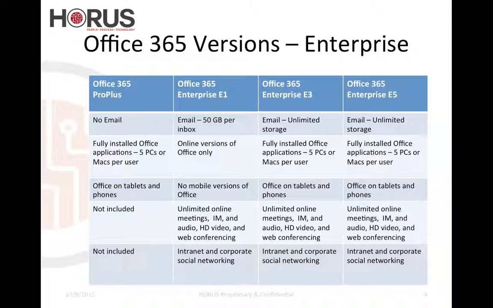With Office 365 Enterprise E3, you will notice there are differences. You get all the features of Office 365 Enterprise E1 plus fully installed Office applications, 5 PCs or Macs per user, for both Enterprise E3 and Enterprise E5. If you notice, I haven't listed all the available features of Enterprise E5.